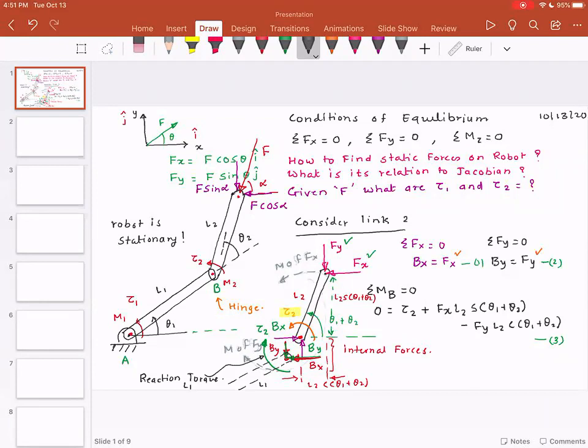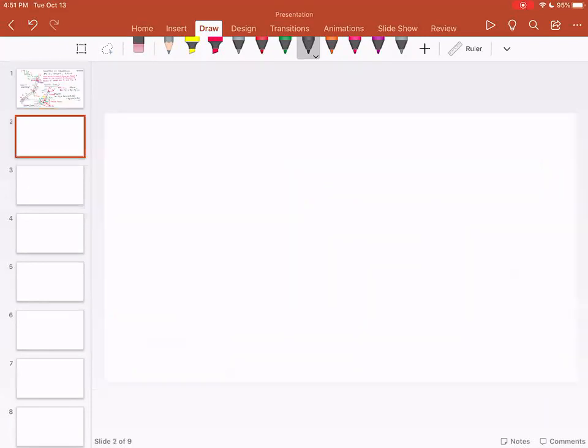So I'm going to draw the free body diagram of link 1. So consider link 1. The free body diagram of link 1, so this is L1.